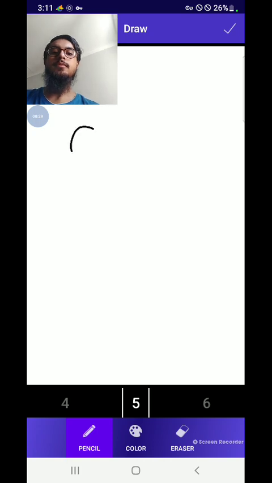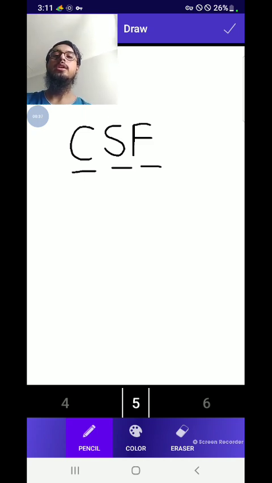CSF. Cerebrospinal fluid. Okay, it is a fluid which contains a lot of nutrients. And where is the location of this fluid? Cerebro means brain and spinal means spinal cord. So by the name we can guess the definition of the cerebrospinal fluid.